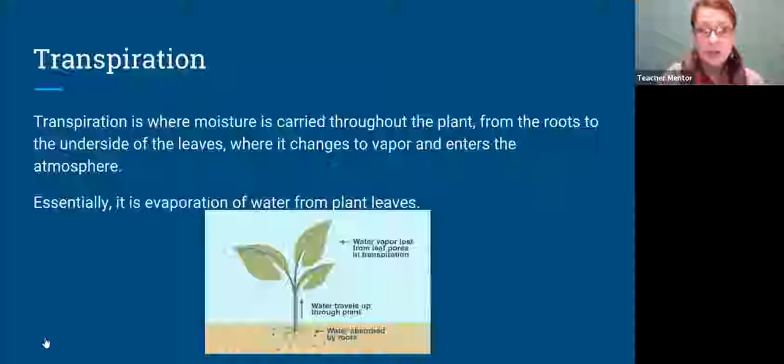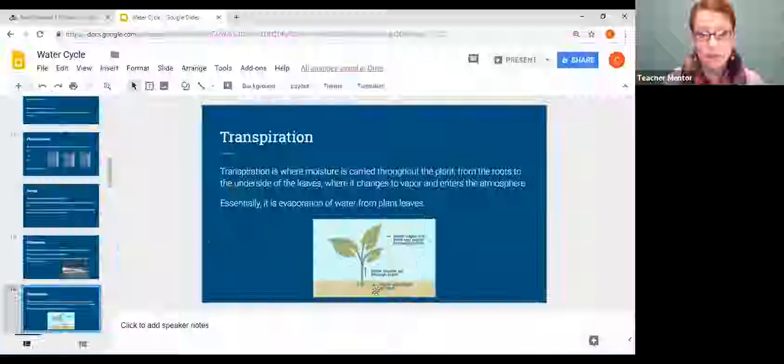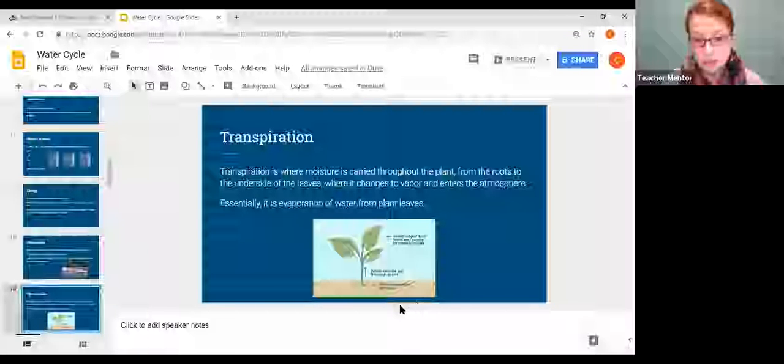Okay. Something that deals a lot with evaporation is transpiration. Transpiration is where we have moisture. So if we look down here in this picture, the moisture is going to be carried up through the roots, through the stem, and through the leaves and out through the leaf pores.